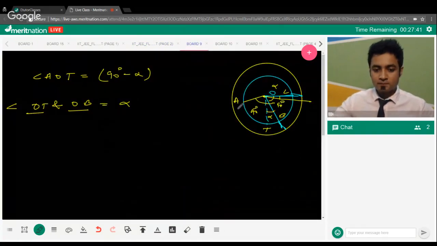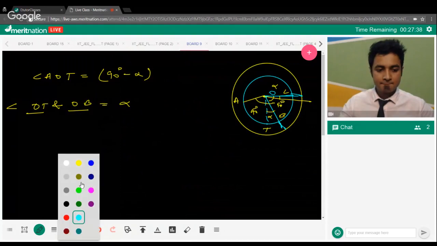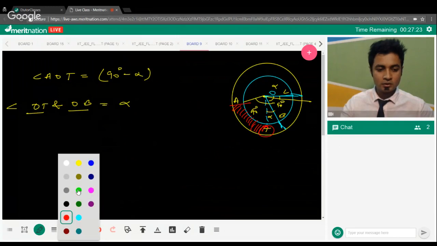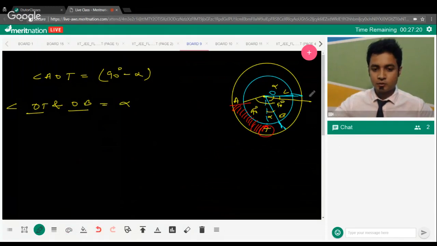So first of all, I'm just making the liquid portion here. Okay, at point T, we need to calculate the pressure by this liquid column. Similarly, we need to figure out the pressure due to this entire liquid. The pressure created by the red column and the pressure created by the green column.